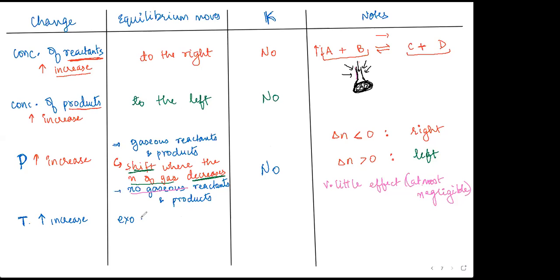Are there two cases here, for gaseous reactants and products? In temperature, it doesn't depend on whether you have gas or not, but because temperature is related to energy, it depends on whether it is an exothermic or an endothermic reaction. Oh, okay. So if it is an exothermic reaction, can any of you attempt making a prediction? What is happening in an exothermic reaction?